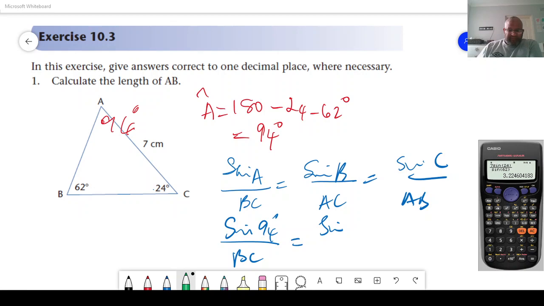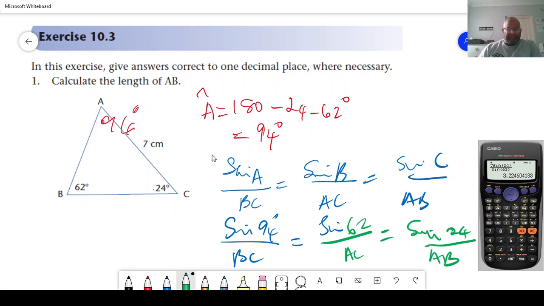Okay. So at this point we have established which ratio to use, and we're going with the fact that sine of angle A, which is 94, over BC, which is unknown, is equal to sine of angle B, which is 62, over AC, which is unknown, is equal to sine of angle C, which is 24, over AB.